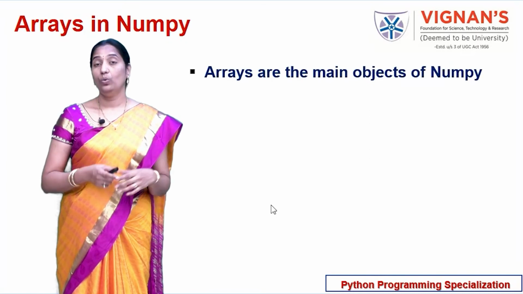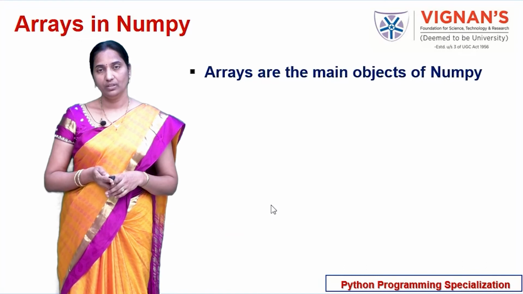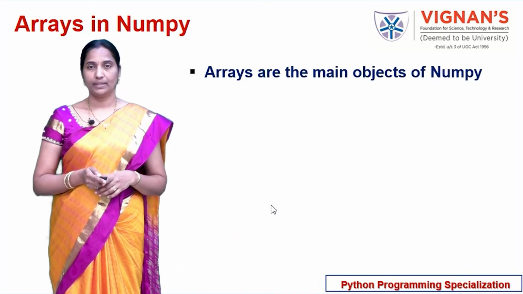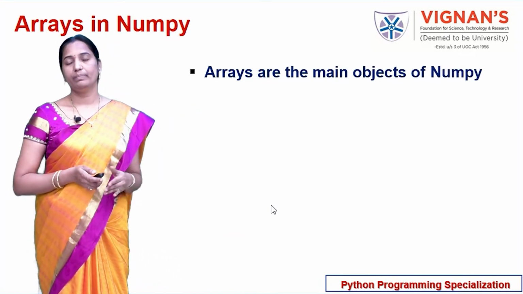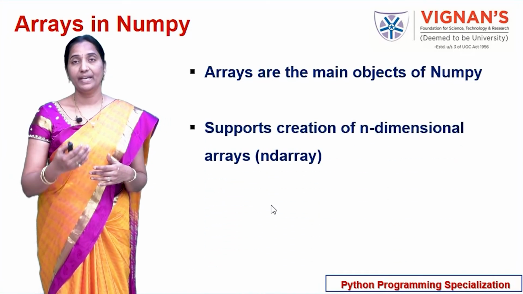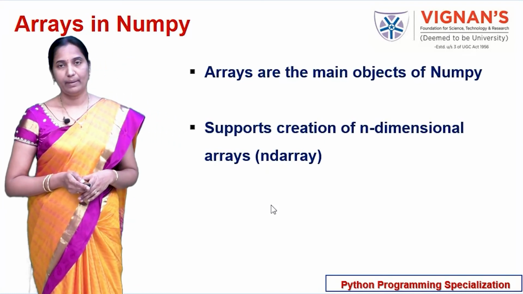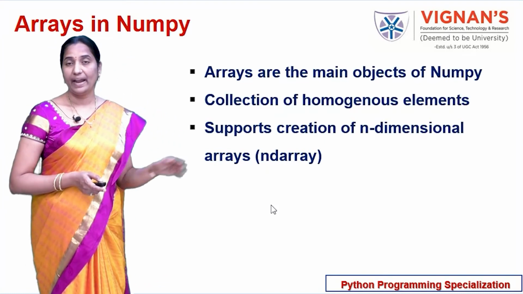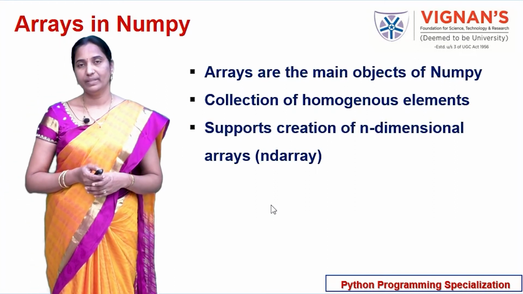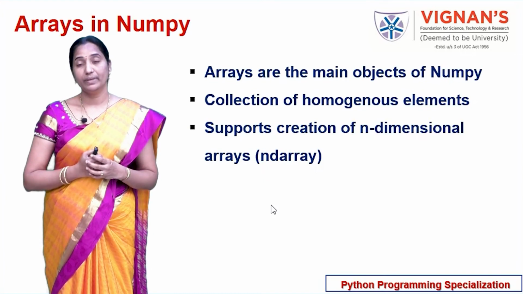Now let's see how NumPy supports the creation of arrays using the NumPy package. Arrays are basically the basic building blocks of the NumPy module. They are the major objects of the NumPy module. You can create n-dimensional arrays also. Basically an array is a collection of homogeneous elements. That is, an array is a collection of the same type of elements together.